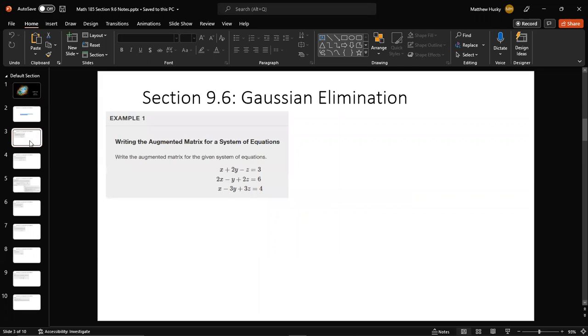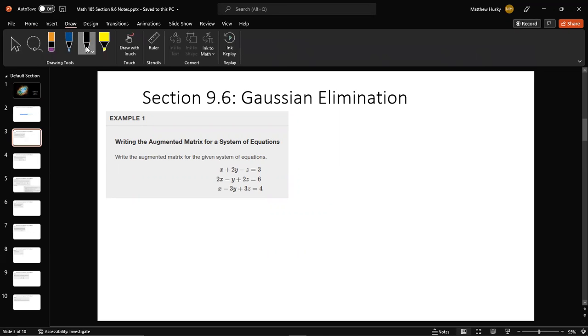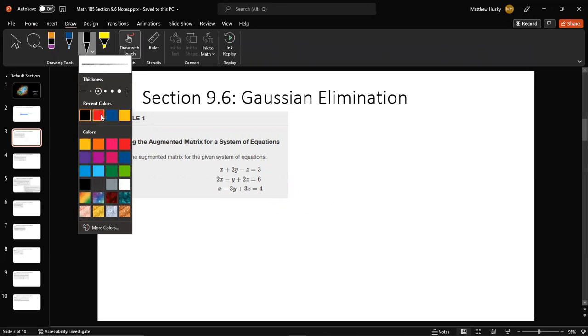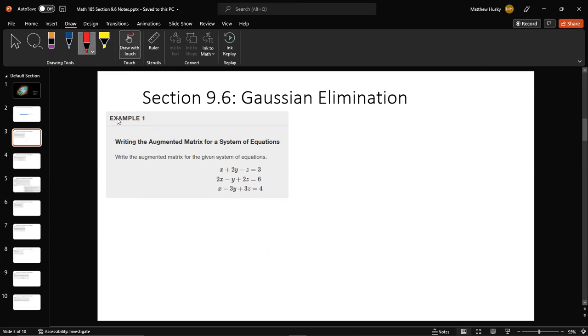So we kind of went on a little side trip here. We were starting chapter 9 and we were talking about systems of equations. And then we sort of went off on a tangent and spent a lot of time talking about matrices.